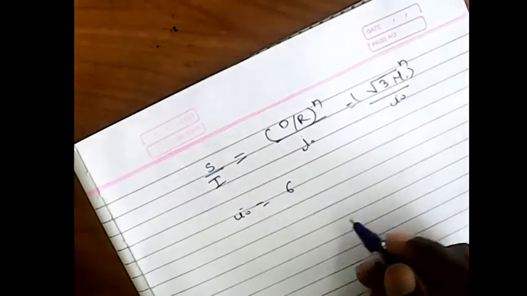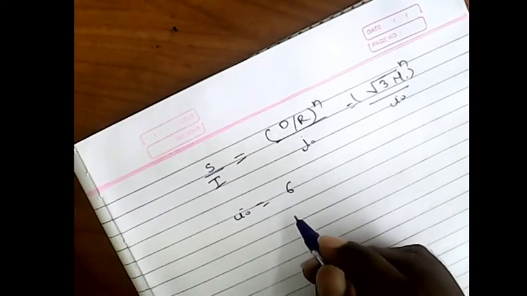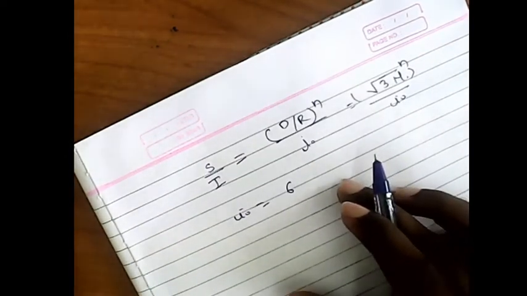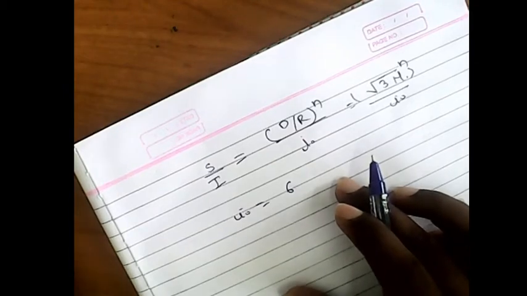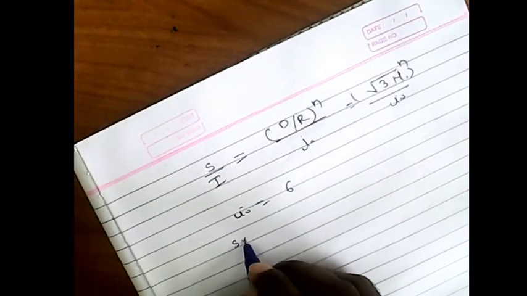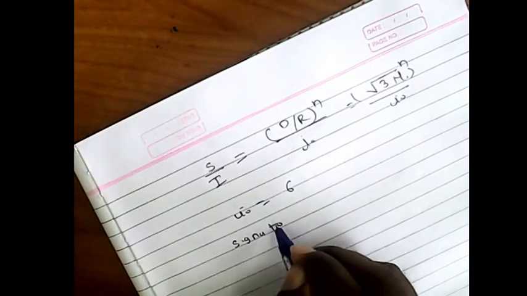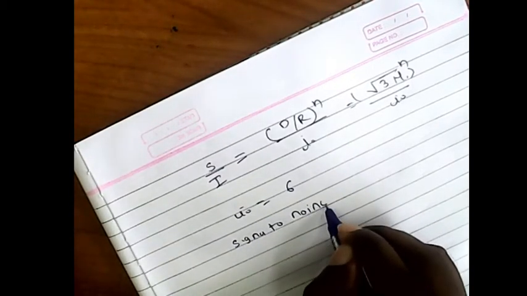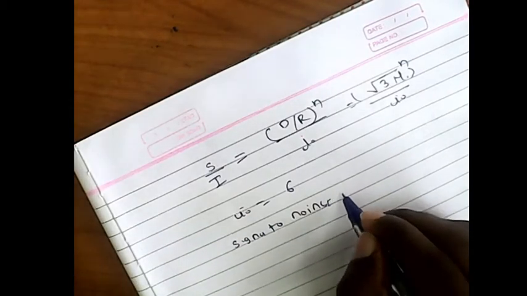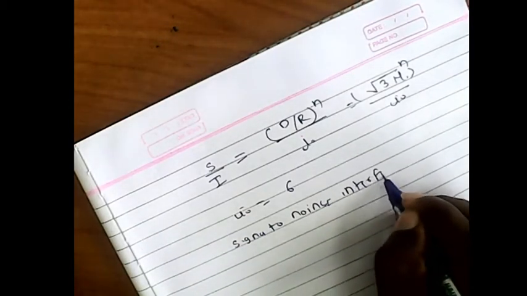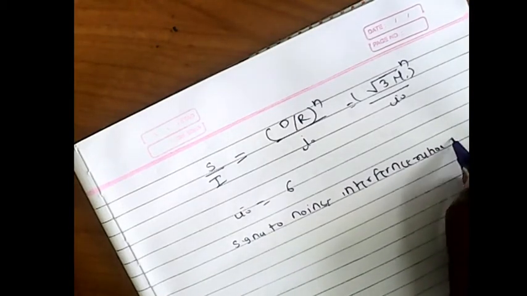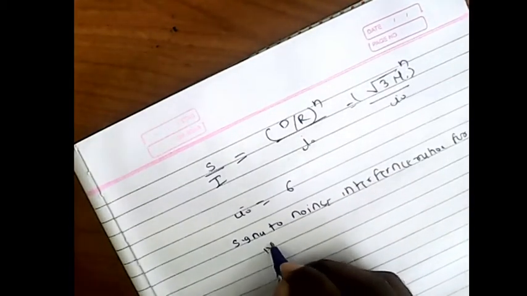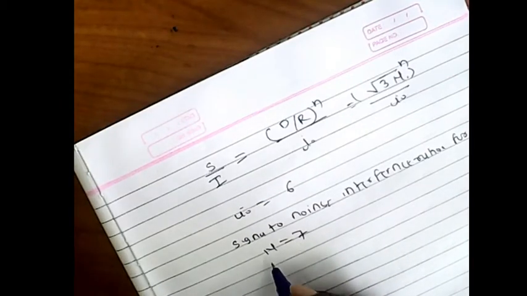So we can calculate the signal to interference ratio for N equal to 7.